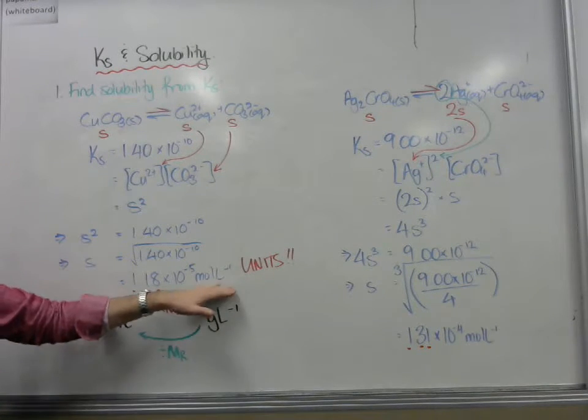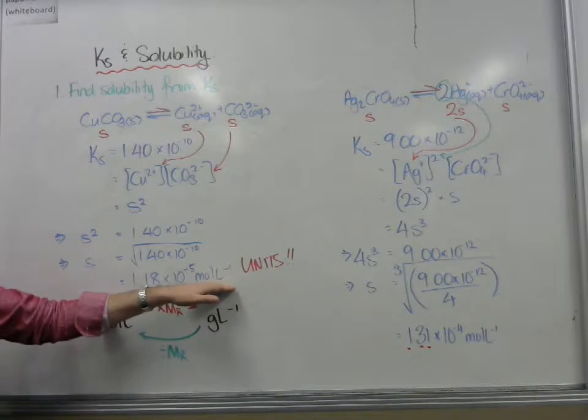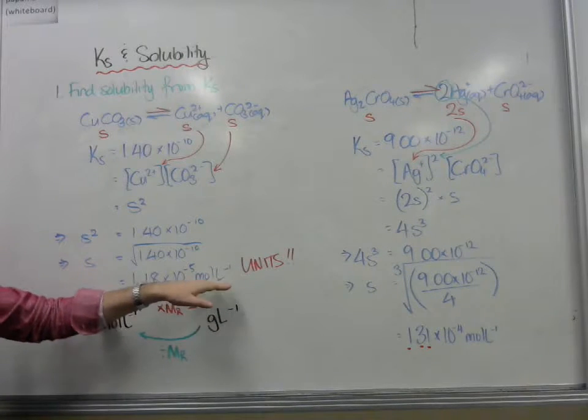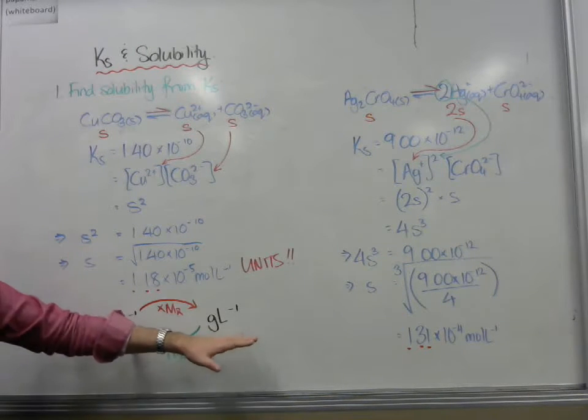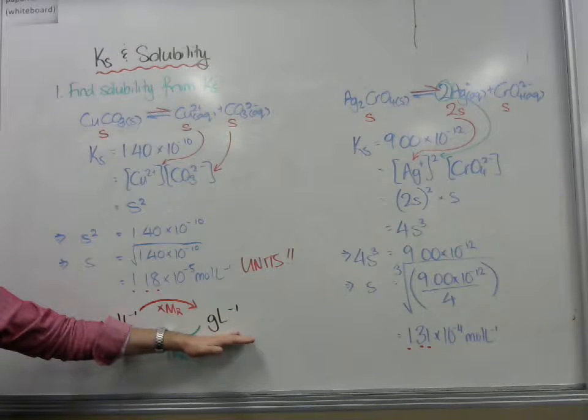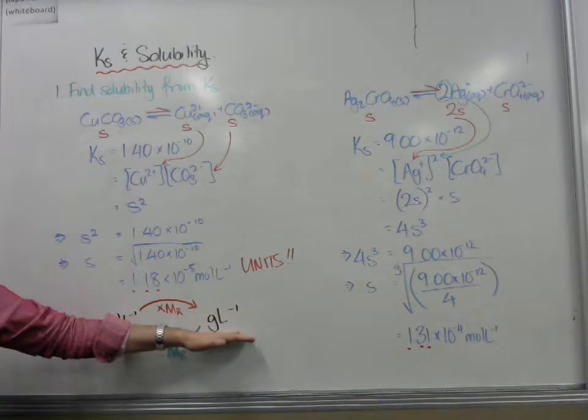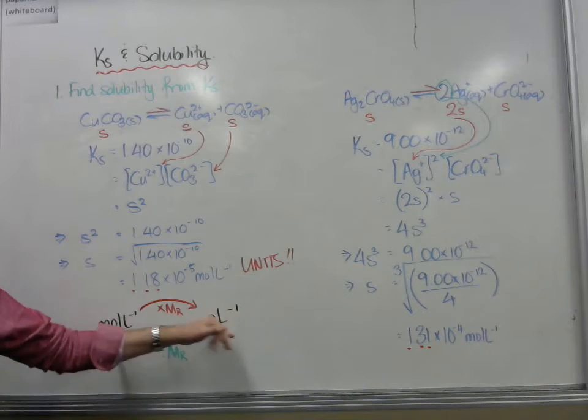You'll notice that now a unit comes in, and it's moles per litre. Now I could convert that into grams per litre by multiplying by the molar mass of copper carbonate, about 123.5, I think. I could actually look that up on the internet and find that I get the number they give, which is always in grams per litre.